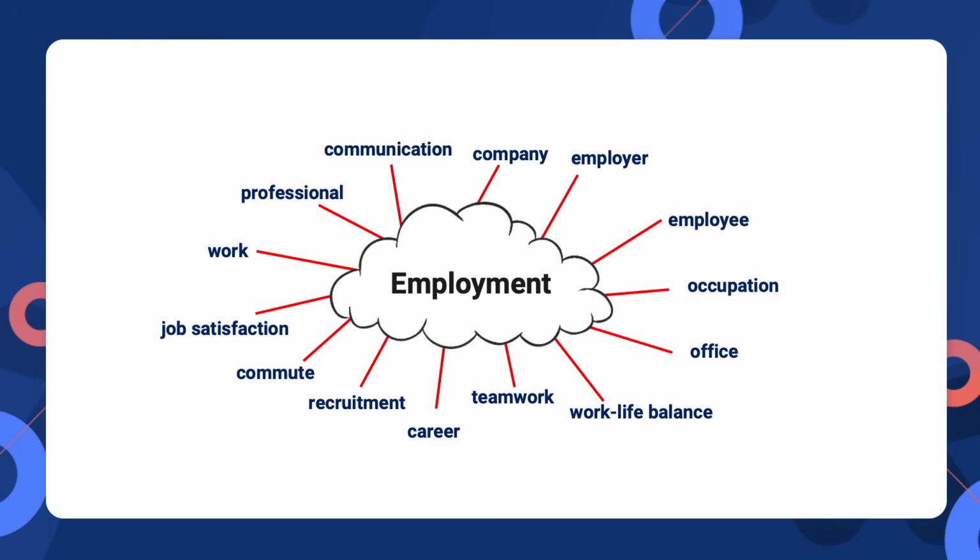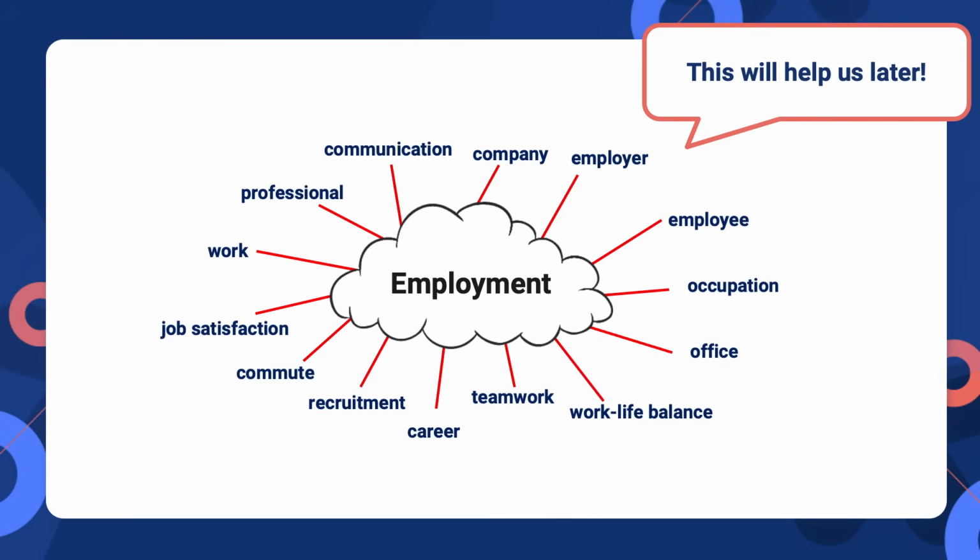You can kind of see that once you come up with one word for a particular topic, it helps you branch off and come up with other words. For example, like going from employer to employee. Now, keep this in the back of your mind. It's going to help us later in our essay, so make sure you keep it in mind.